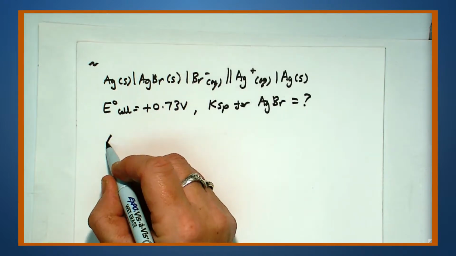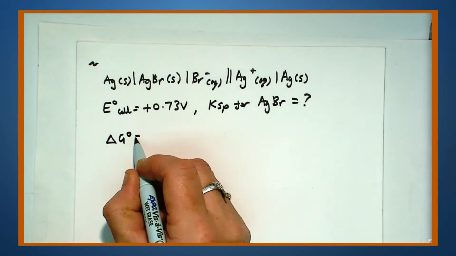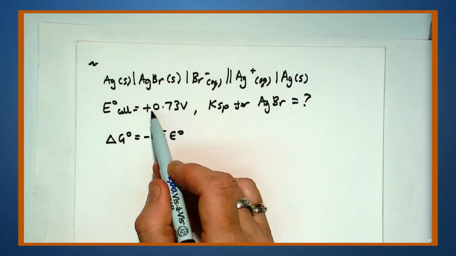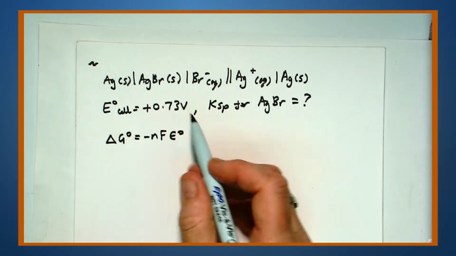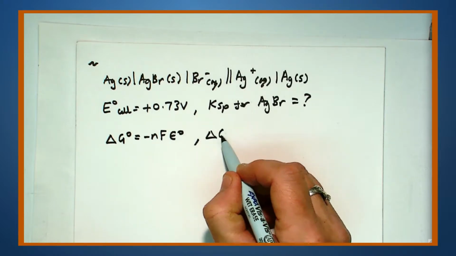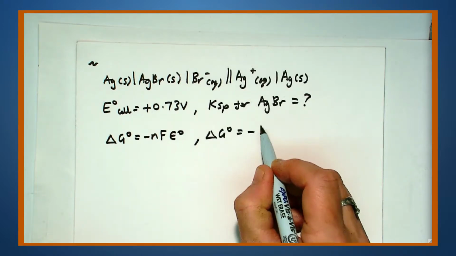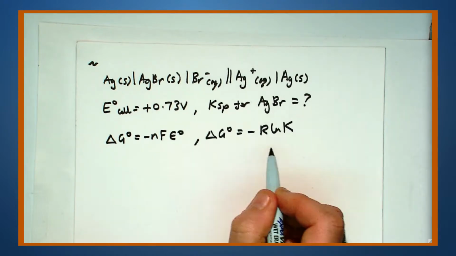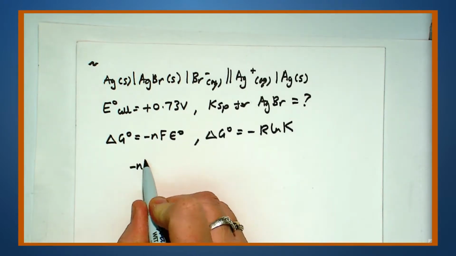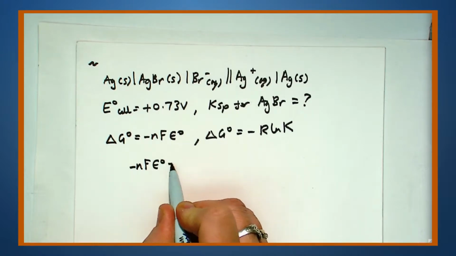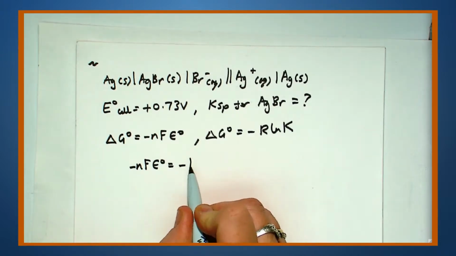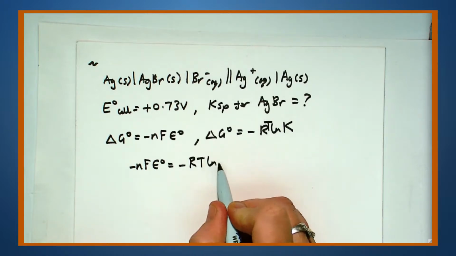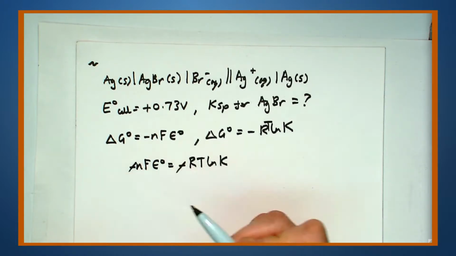We can say, okay, delta G standard is equal to minus nFE standard. So that would enable me to take this, put it into here and get delta G standard. And we also have delta G standard is equal to minus RT natural log of K. So we can set the two equal to each other. We can say minus nFE standard is equal to minus RT natural log of K. Minuses go away.